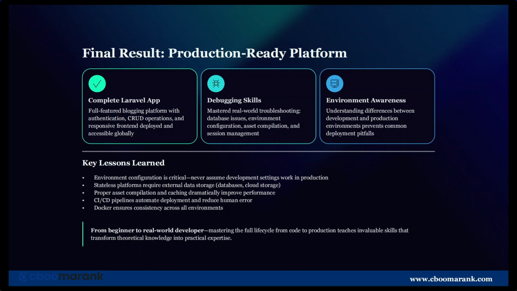Docker ensures consistency across all environments. From beginner to real-world developer, mastering the full cycle from code to production teaches a valuable skill that transforms theoretical knowledge into practical expertise.